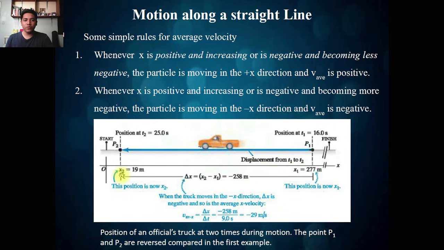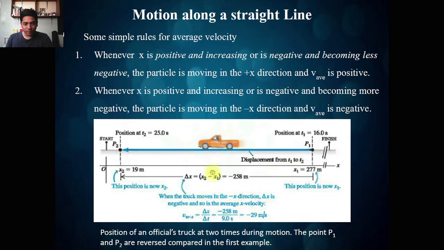So here are simple rules. One, whenever x is positive and increasing, or is negative and becoming less negative, the particle is moving in the positive x direction and the average velocity is positive. Two, whenever x is positive and decreasing, or is negative and becoming more negative, the particle is moving in the negative x direction and v_avg is negative. So in this case, if we wish to get the average velocity of this truck, average velocity is again defined as delta x over delta t.